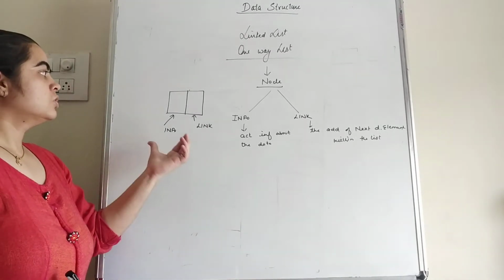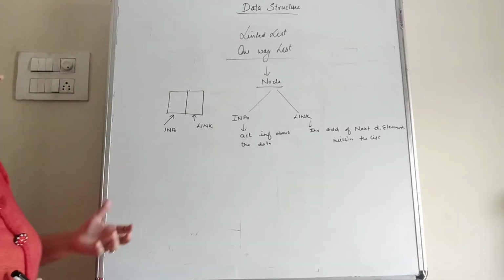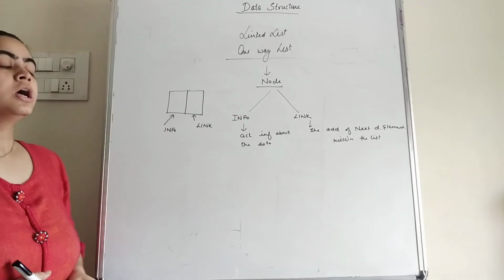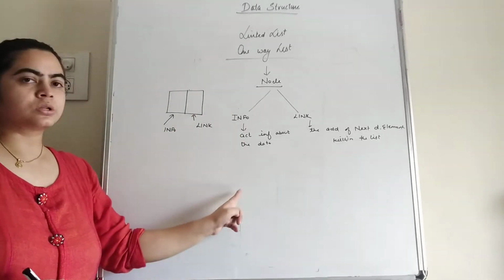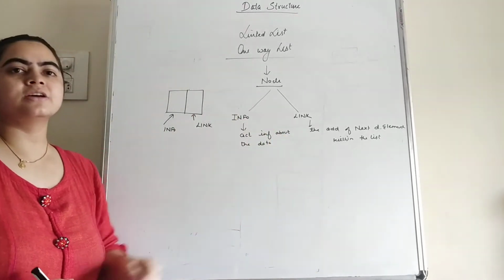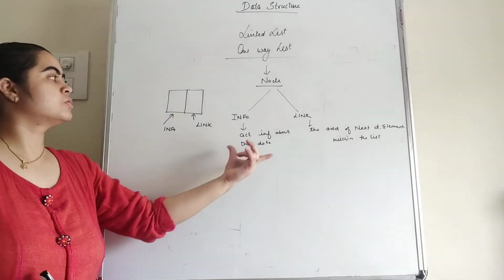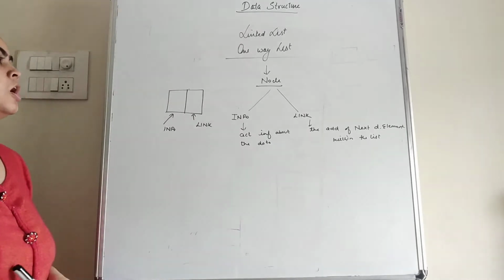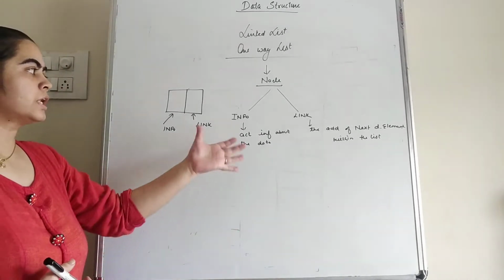Now students, in order to save the information and the link of any data or any node, we need two arrays. One array is used to store the information part, while the second array is used to store the link part. Why do we need two arrays in order to store the information and the link? Because link is always in numeric form, because link is the address.